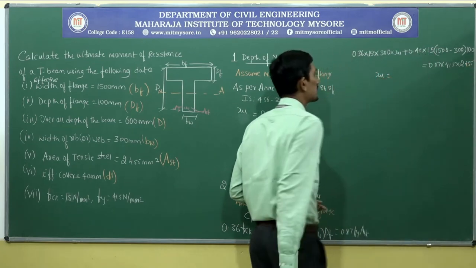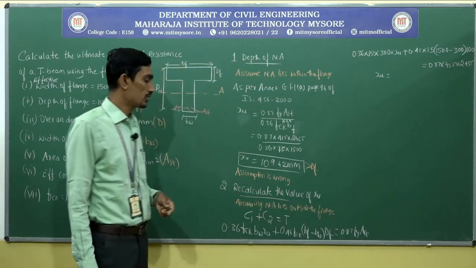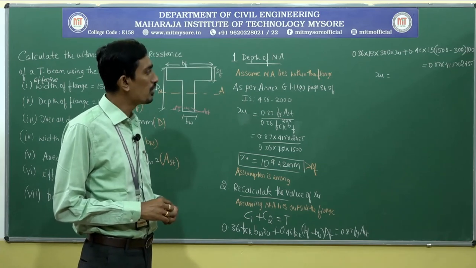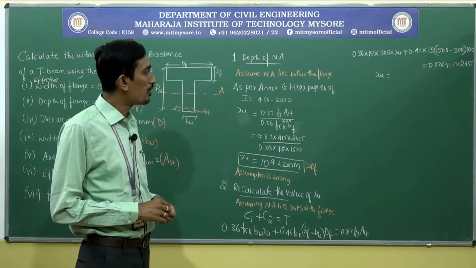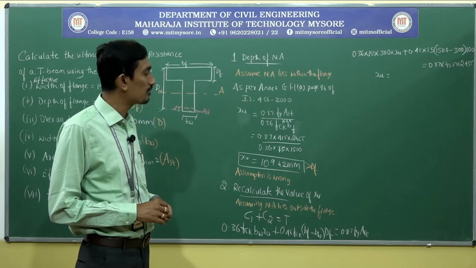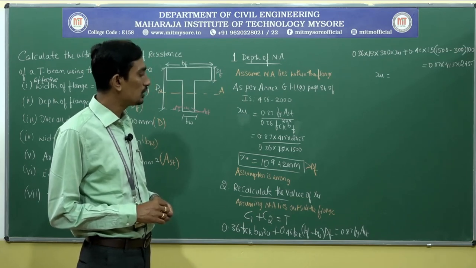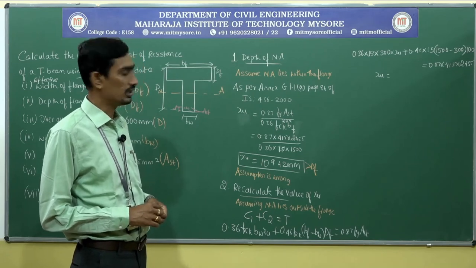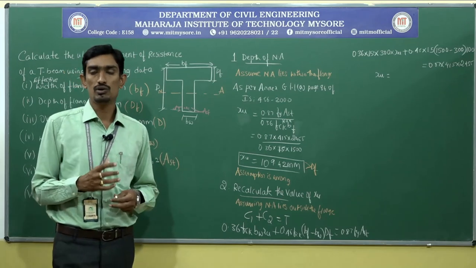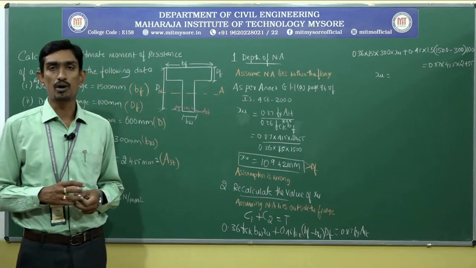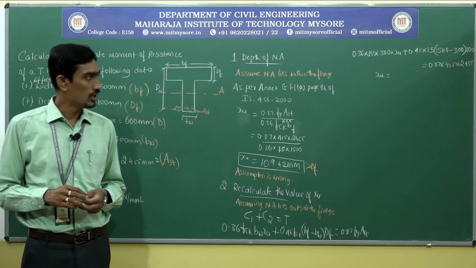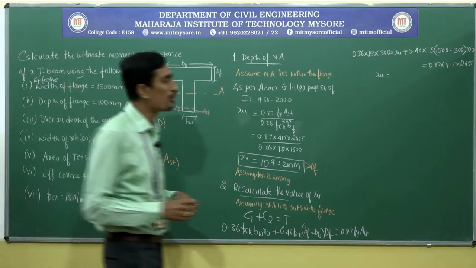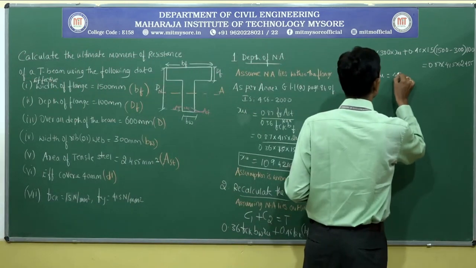Now let us calculate the XU value. Let me recheck once: 0.36 into 15 into 300 into XU plus 0.45 into 15 into 1500 minus 300 into 100, that is DF, equal to 0.87 into Fy into AST. Like this we need to recheck whether you have substituted the quantities properly or not. The calculated value of this works out to be 47.14 millimeter.